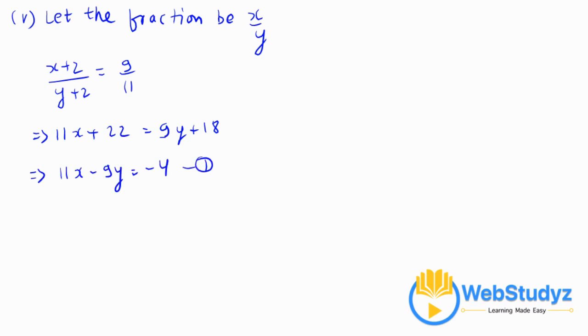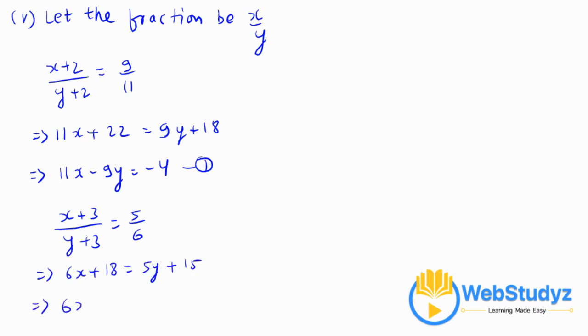Now, second condition is x plus 3 divided by y plus 3 equals 5 by 6. Again, solving this, we get 6x plus 18 equals 5y plus 15. Solving this, we get the second equation as 6x minus 5y equals minus 3.